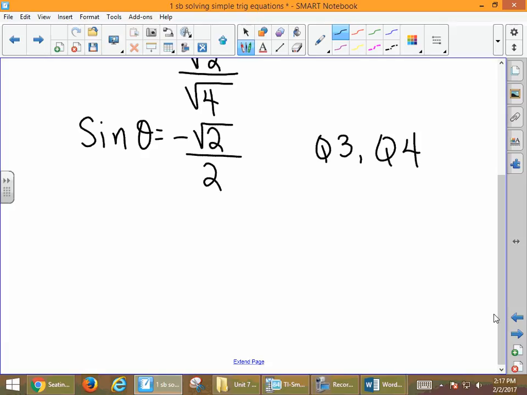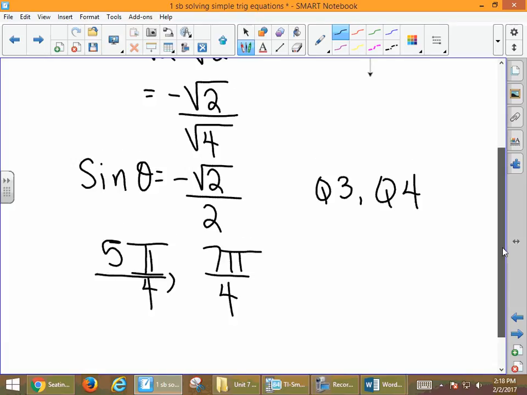So what would be our angle in the first quadrant? It would be pi over 4. And then to get to the third quadrant, Ethan's just one step ahead here. It's 5 pi over 4. That's in the third quadrant. What's our pi over 4 angle in the fourth quadrant? 7 pi over 4.